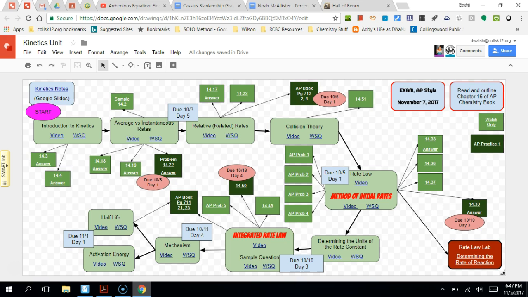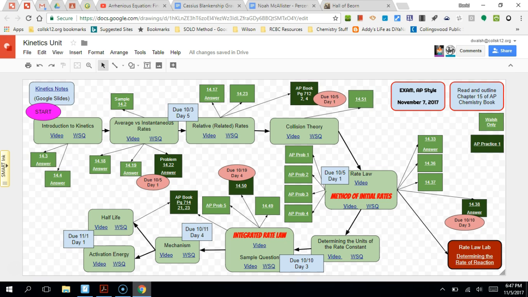Mechanism also. And then in terms of the open-ended questions, all but one are going to be kinetics related. And so there's going to be the method of initial rates and the integrated rate law. Those are definitely two. And so when we're looking at what to review, I think it's important to know how to do method of initial rates.